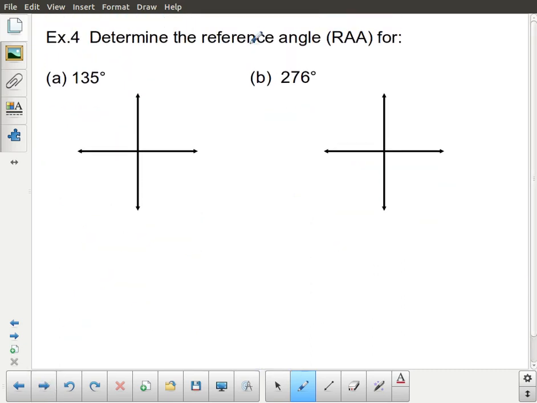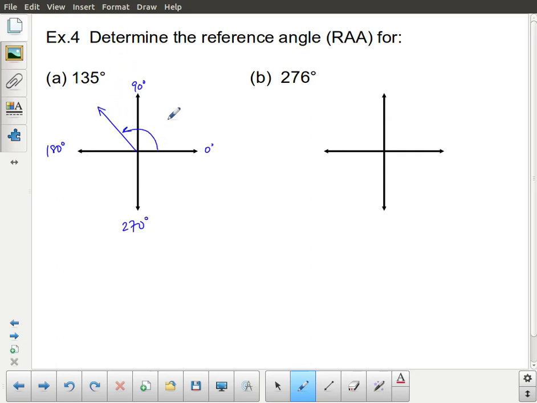Finally, we're looking at the reference angle or the related acute angle for 135. So first of all, locate 135 degrees: 0 degrees, 90 degrees, 180 degrees. I don't need 270 because 180 is as high as I needed. 135 is here.